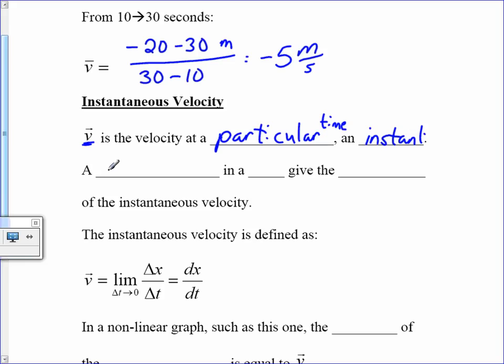A speedometer in a car, for example, gives the magnitude of the instantaneous velocity. The instantaneous speed, if you will. So it gives you the velocity at that particular instant in time.